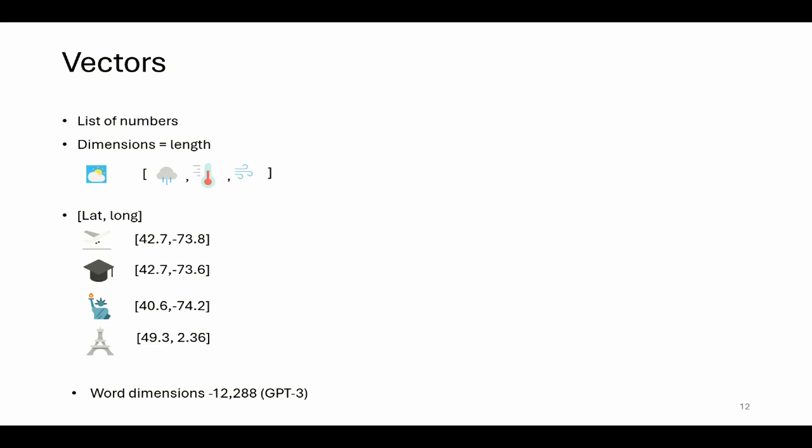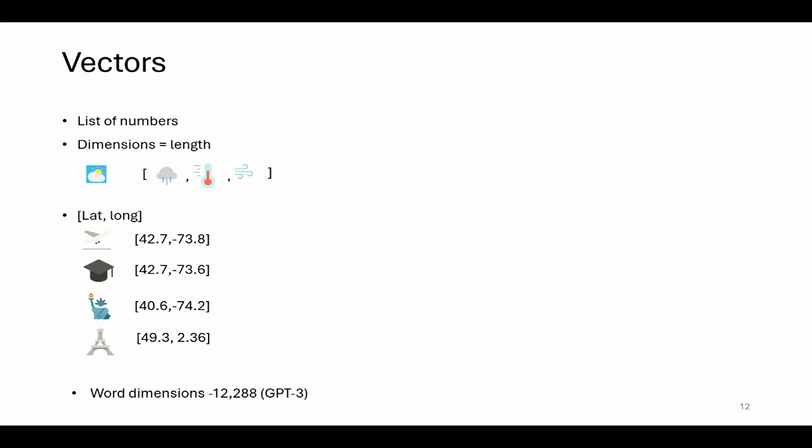Another example is, okay, so there are 3 dimensions that define weather, right? Similarly, if you look at dimensions in the real world, like latitude and longitude, for example, the first one and the second one are very close to each other, just by looking at them.